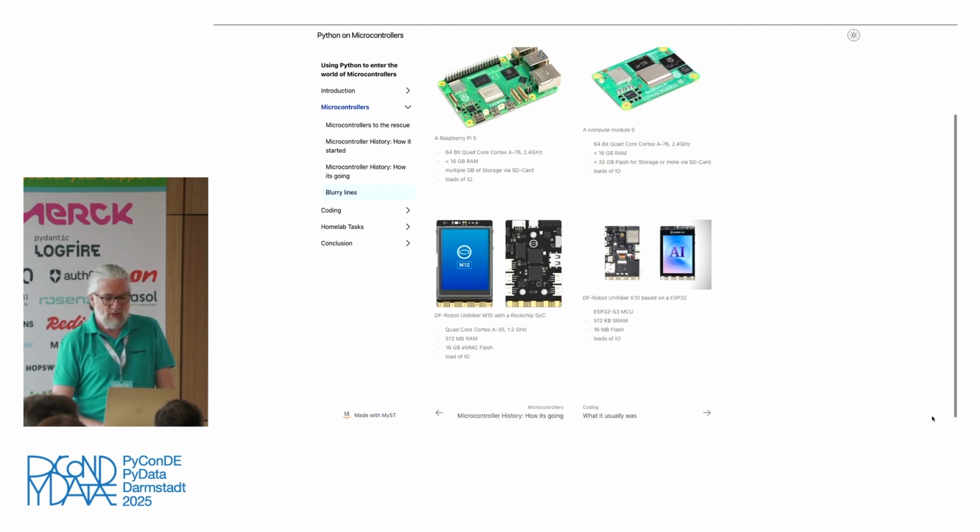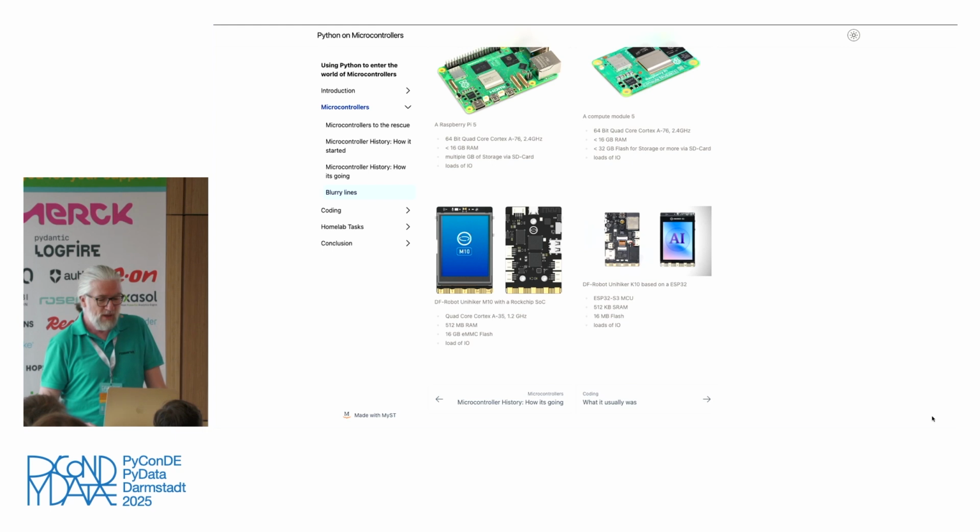And down below there is, from DFRobot, the Unihiker M10, which is comparable to a Raspberry Pi, has a lot of hardware on it, a Rockchip CPU, display, some sensors for an IMU, loads of I/O, also in the megabyte range from the performance, pretty much comparable to a Raspberry Pi 3, and a pretty well-done infrastructure around it.